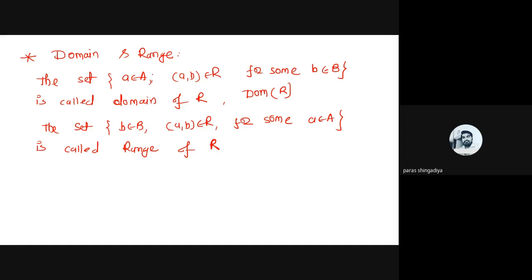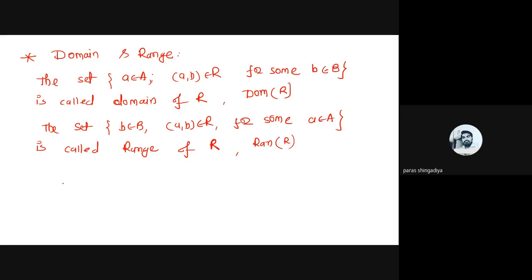The second entry of each pair of the given relation is called the range of R. It is denoted by RAN of R, where RAN means the range of R.